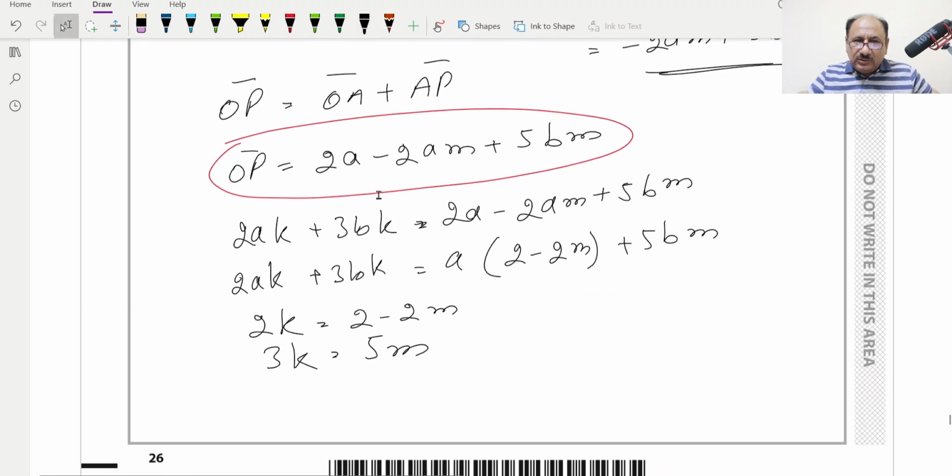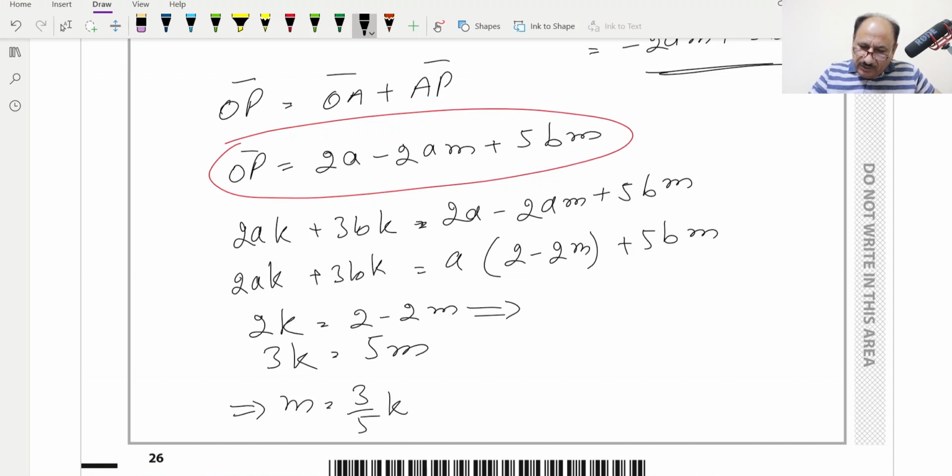From here we can simplify this. Basically m value we can find from here. M is equal to 3 by 5k, and this value we can replace in this equation.